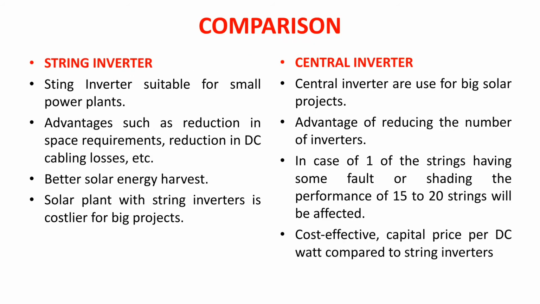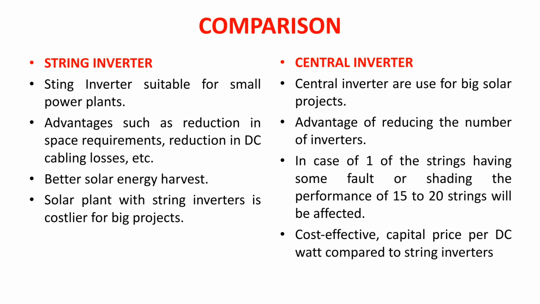Now comparing the two, string inverters and central inverters. String inverters are suitable for smaller power plants, and central inverters are meant for big power plants. The advantage with string inverters is they have a smaller size, so the space requirement for string inverters is less, and their DC cabling losses are also very low.